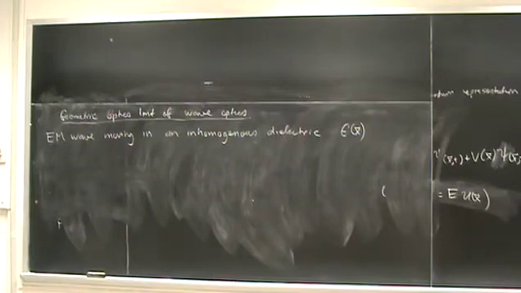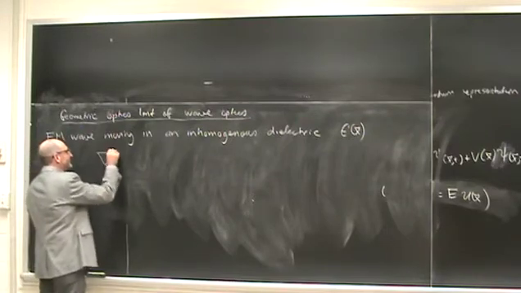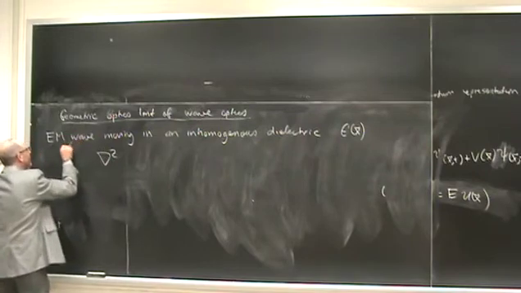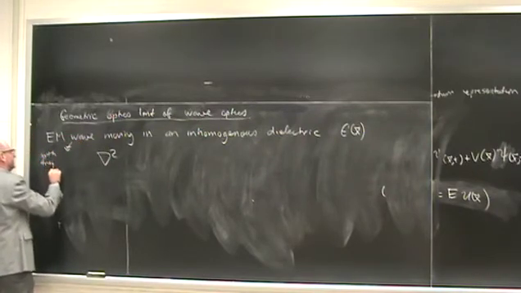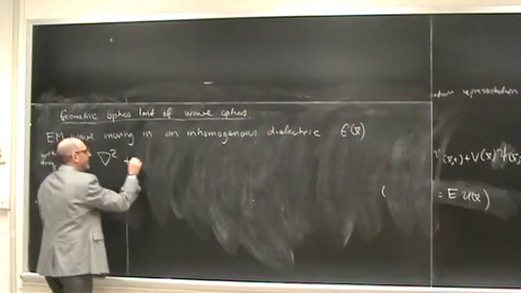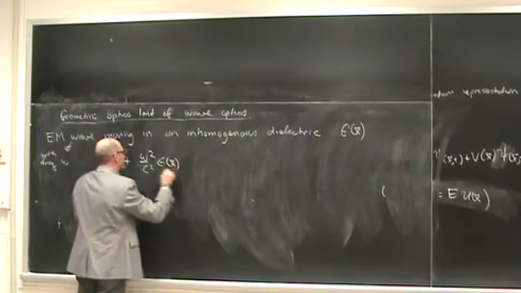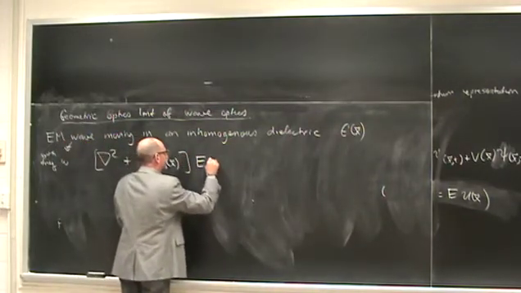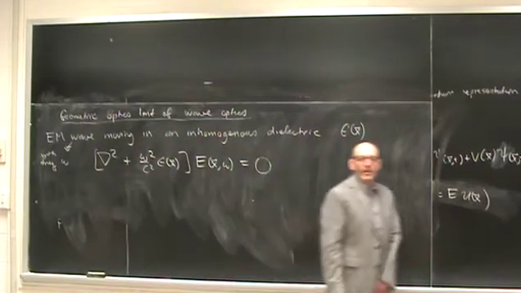You go through Maxwell's equations and you get the following. Let's say this is a wave with frequency omega, and let's just talk about the time independent case. That's the equation.